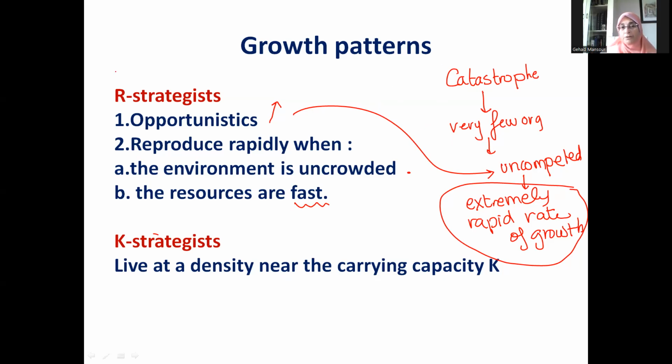The R strategists develop rapidly, and then they might continue at a certain carrying capacity, or they might disappear. But the K strategists from the very beginning live towards their carrying capacity.